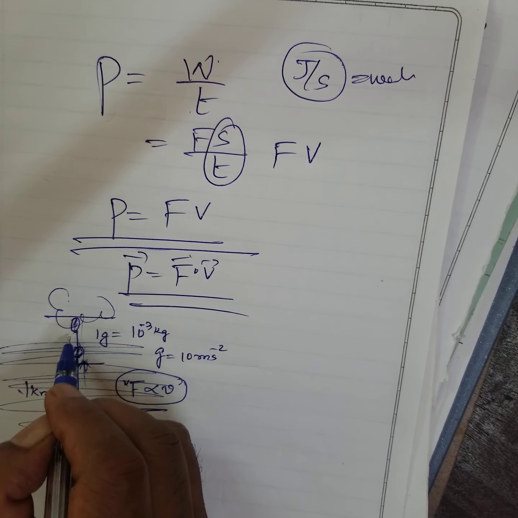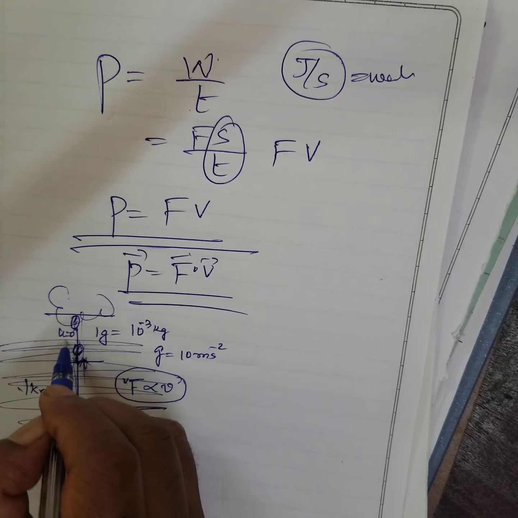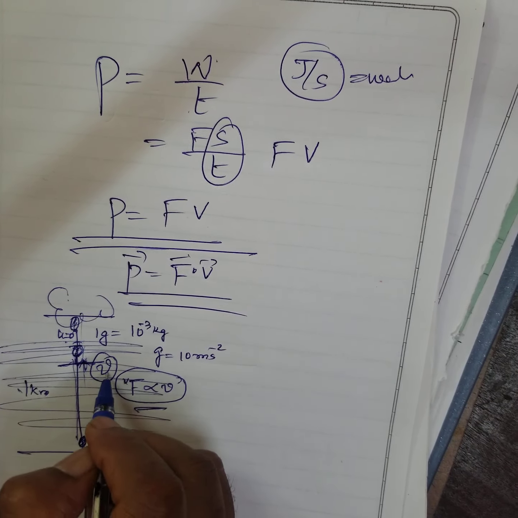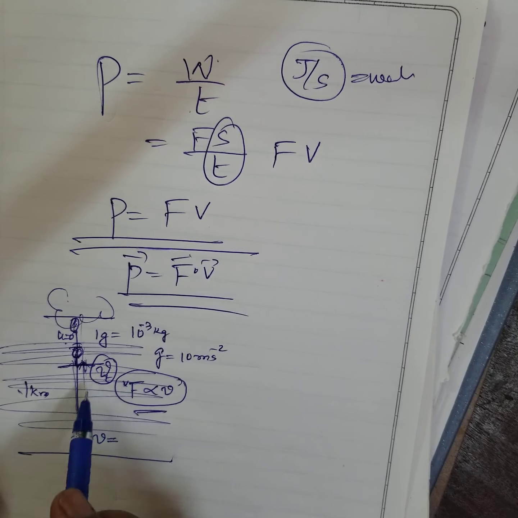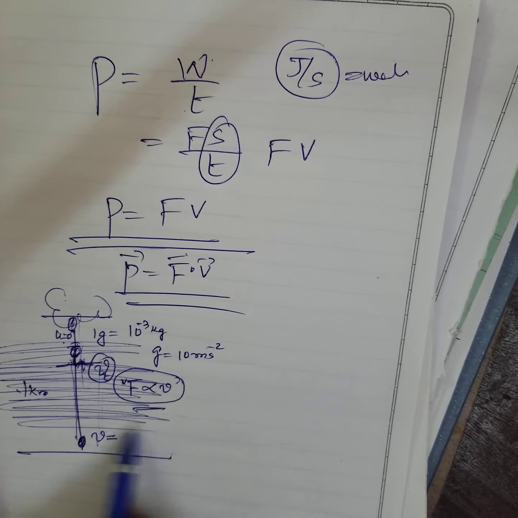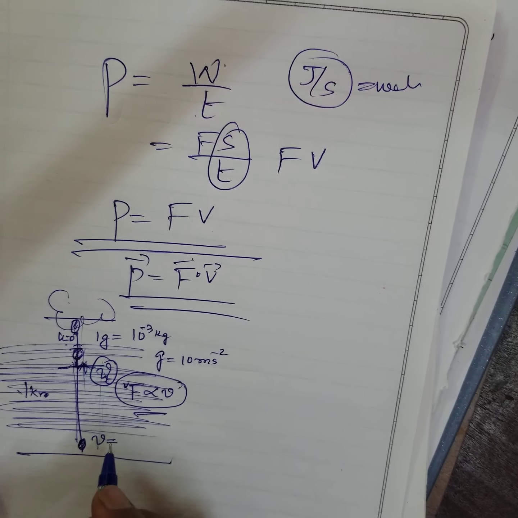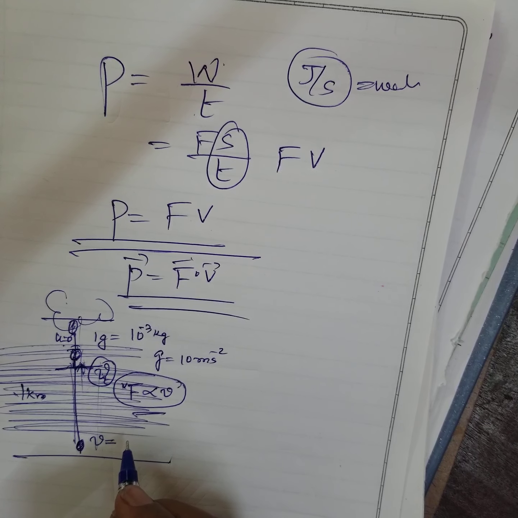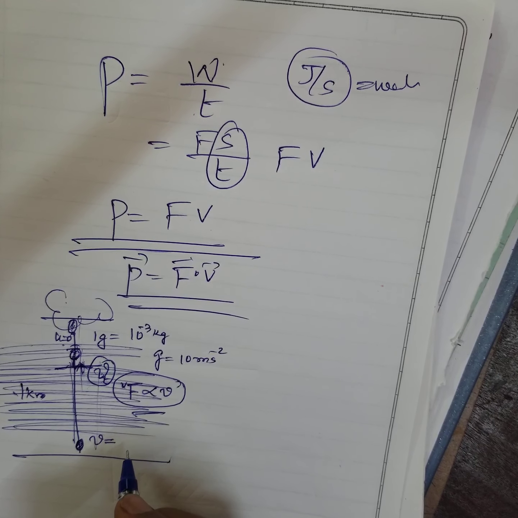Here the velocity initial is 0, then gradually velocity increases. It reaches one particular velocity called terminal velocity. After that, that velocity remains constant throughout because of air resistance. That velocity is given, say, some value, we shall put 50 meter per second.